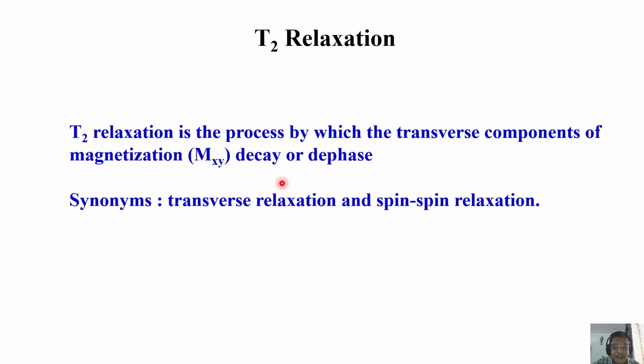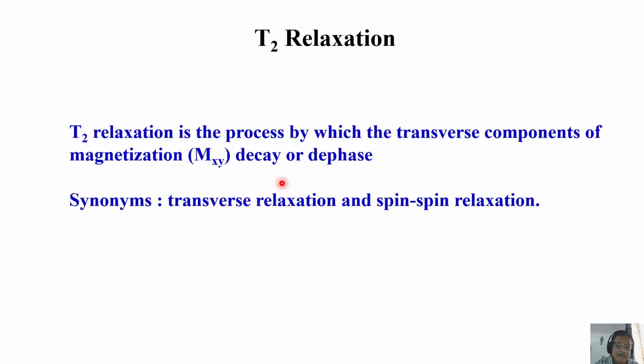When they start dephasing, when you start collecting the signal, if you have a receiver here, immediately when there is phase coherence, there is a maximum signal. When the spins start decohering, the signal keeps coming down. When the spins undergo complete decoherence, then what is going to happen?